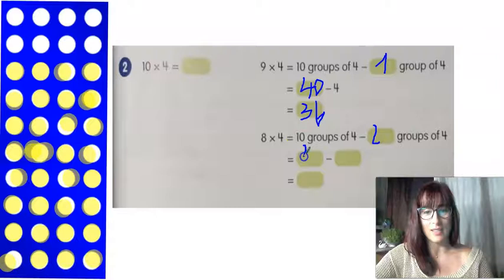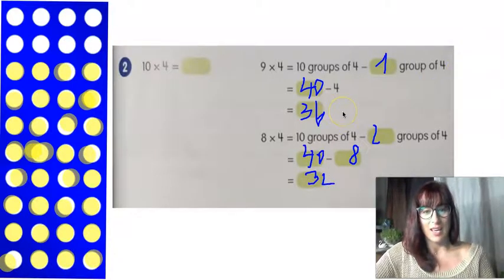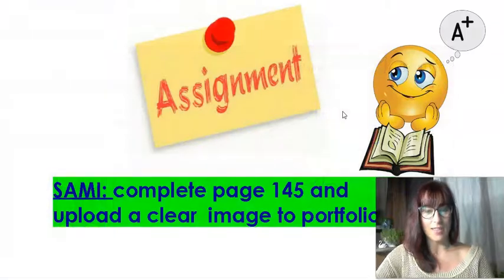Now, again, 10 groups of 4 is 40, because 10 times 4 is 40. 2 groups of 4, again, is 8. Now, 40 minus 8 is, we can count back, 32. Great. So this is our lesson.